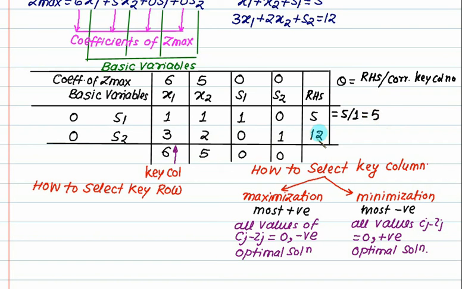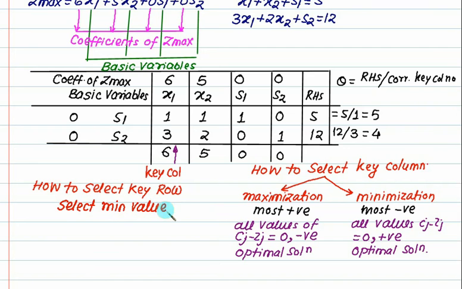Now what is this number? It is 12. Then what is the number in the key column? It is 3. So this number is 4. In this fashion you have to calculate theta first. Now you try. Once we calculate the values of theta, select the minimum value of theta.